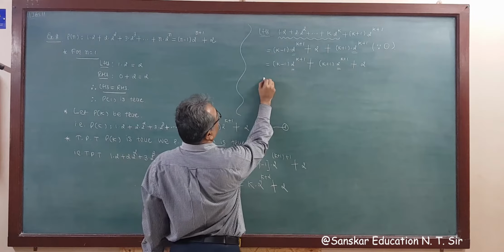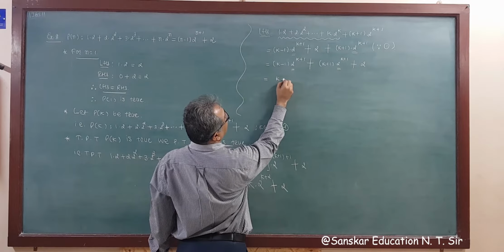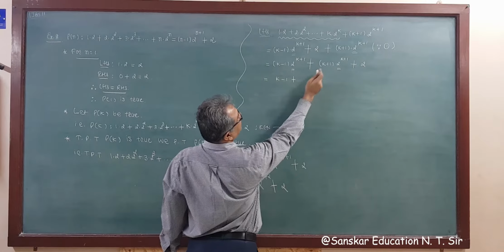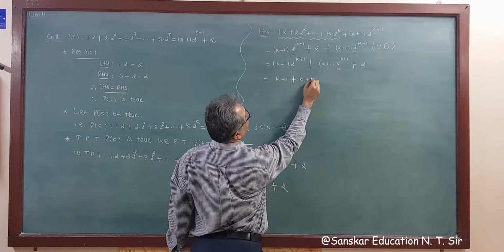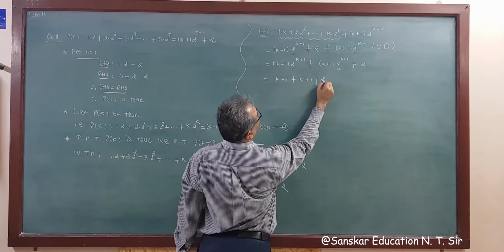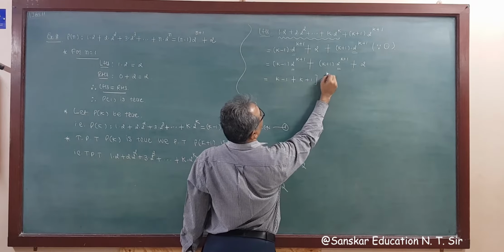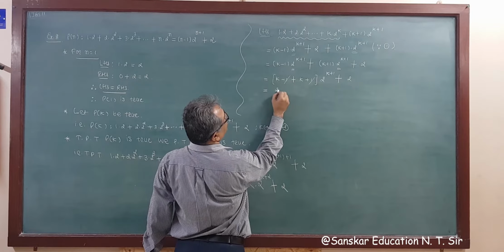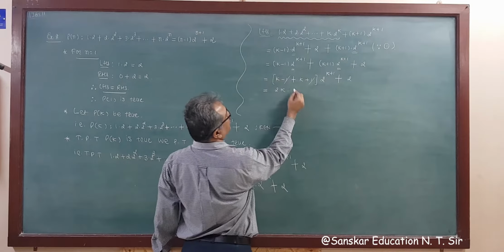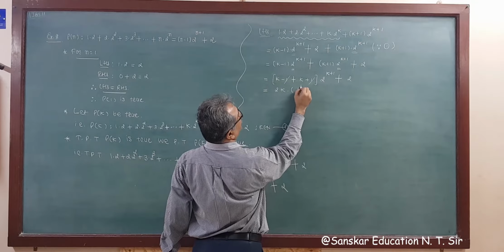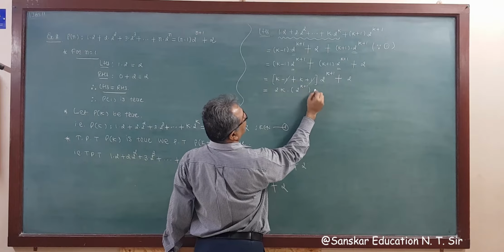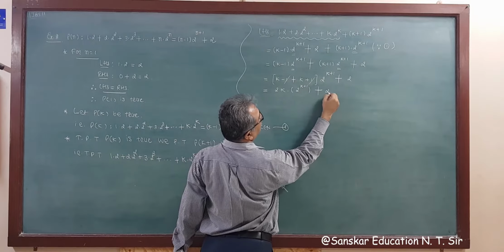So taking common, this is (k minus 1 plus k plus 1) bracket over, and 2 raised to k plus 1 is common, and then plus 2. So now this minus 1 plus 1 cancel. So k plus k is twice k. So this is 2k into 2 raised to k plus 1, and then plus 2.